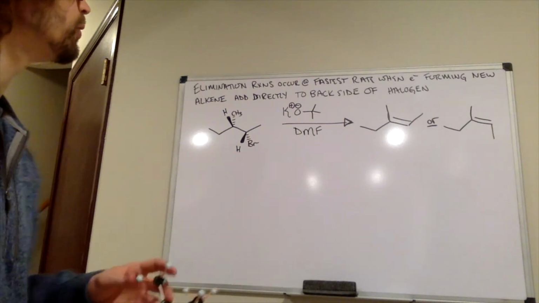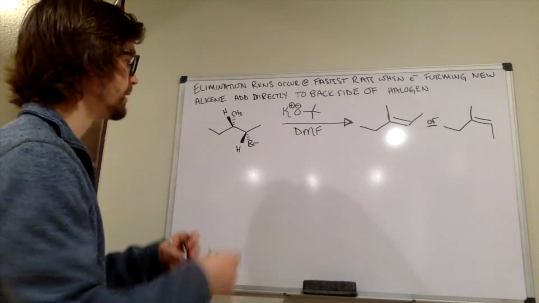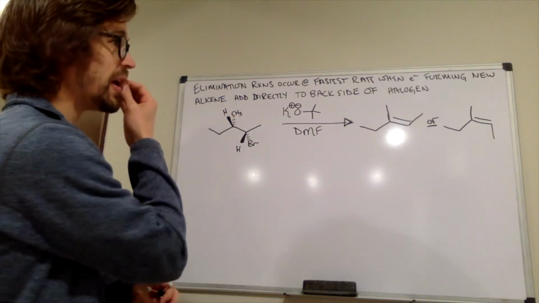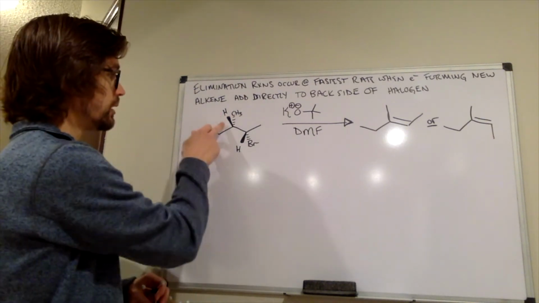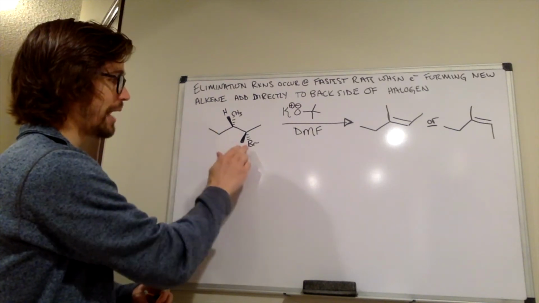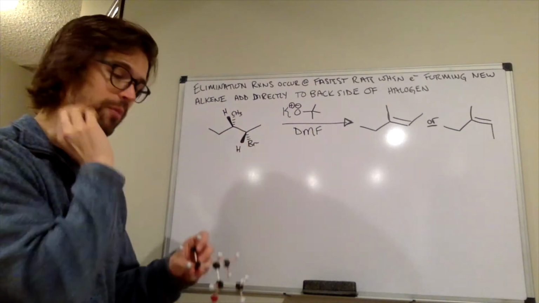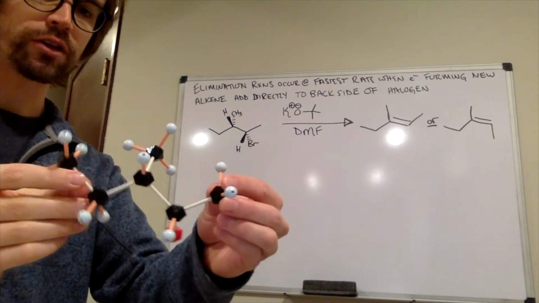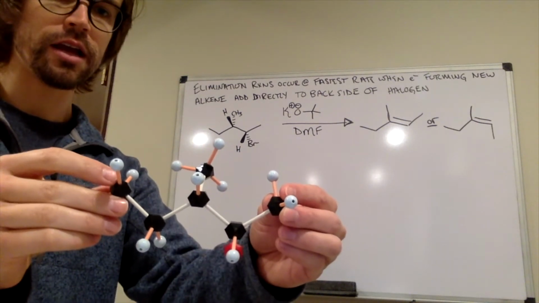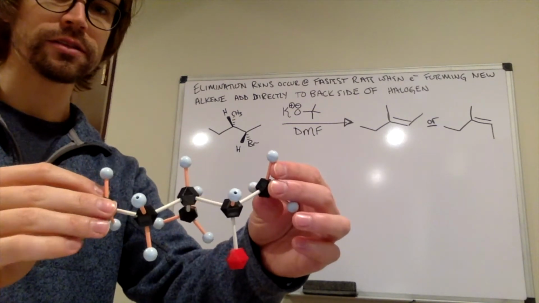What we need to do is rotate this a little bit to show that the hydrogen here is directly on the back side of this carbon-bromine bond. So essentially, I'm going to take the molecule as it's drawn up there and just rotate it like this.